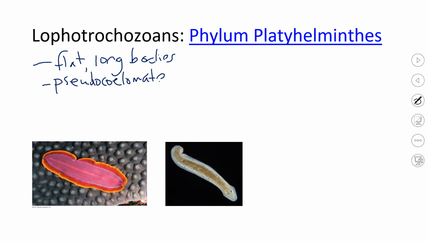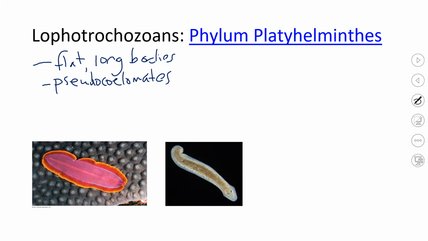What does that mean? That's the word we used and defined, but it was a couple days ago. No, because they are triploblastic. Yeah, so the mesoderm doesn't fully, like they don't have a coelom really.